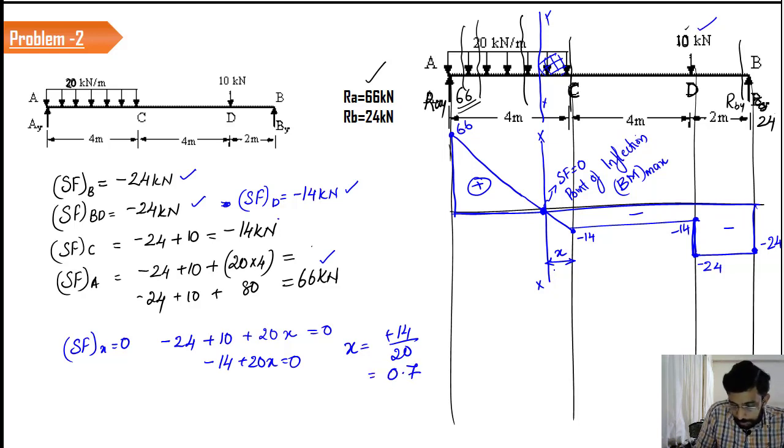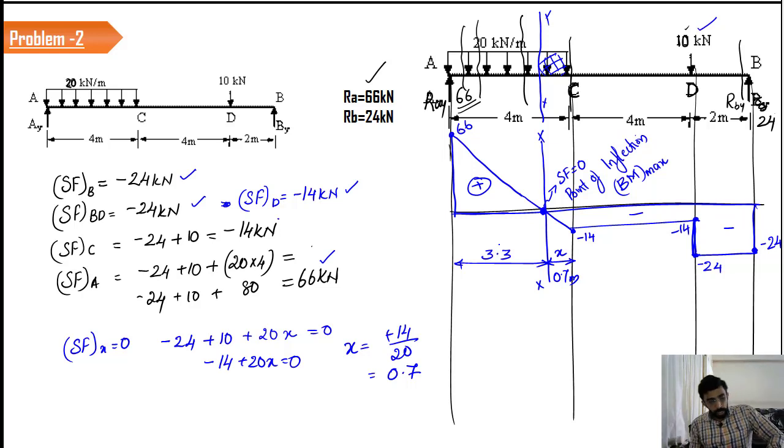That means this distance is 0.7 meters. So what will be this distance? This is going to be 4 minus 0.7, which is 3.3. This is how you are supposed to calculate the location of the point of inflection.